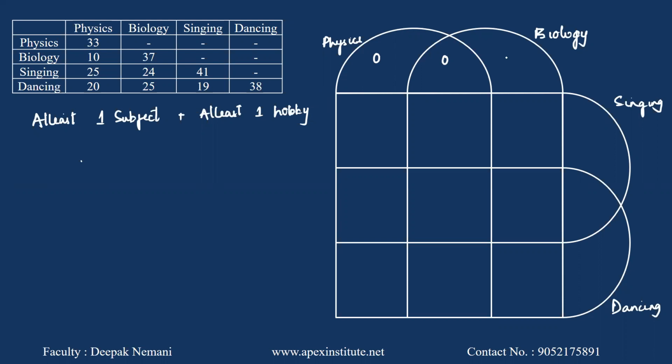Now this will also be 0. Now you cannot have teachers who have only the hobby singing, because they should be teaching at least one subject among physics or biology. Same here, this part will be 0 and this part will be 0. So this is the key statement to answer this question.